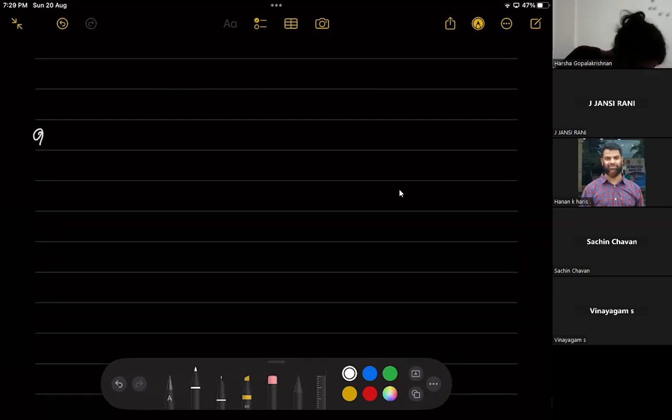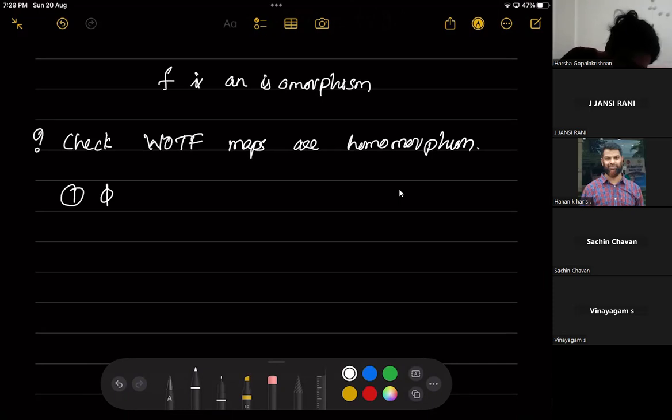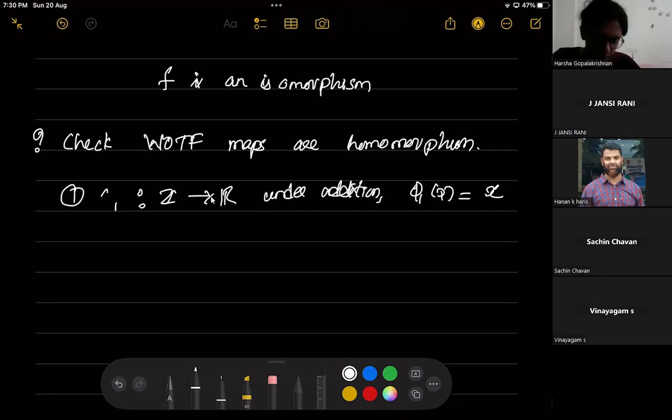The question is, the first map is given as from Z to R, where Z and R are defined under addition, and it is given as phi 1 of x equal to x.